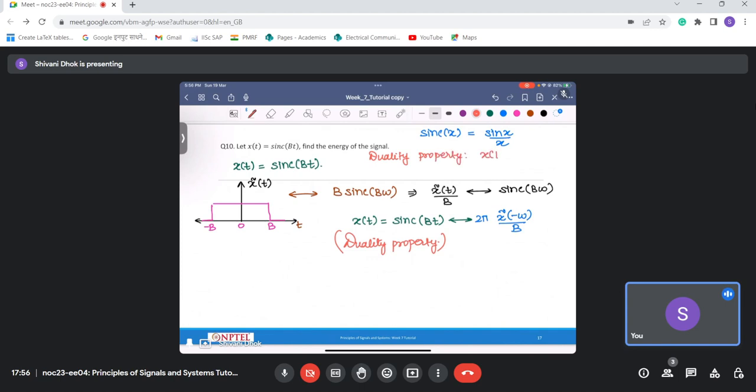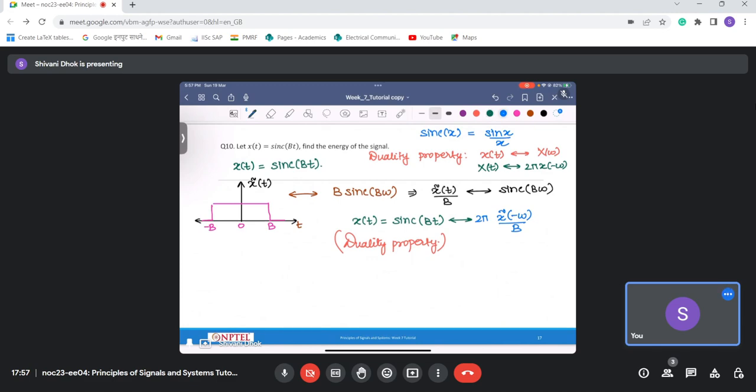If x(t) has a Fourier transform capital X(ω), then capital X(t) will have Fourier transform 2π small x of minus ω. So this is what we are having here.